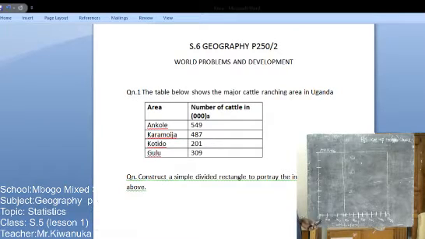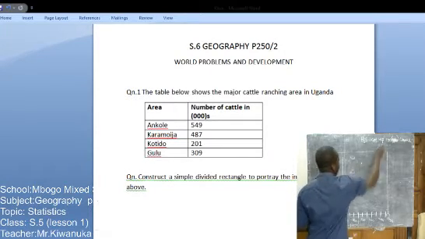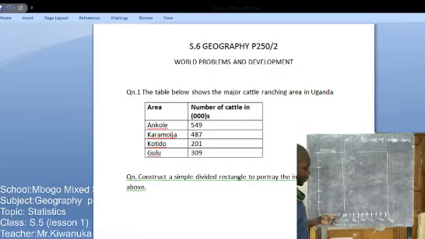If you want to use the calculator method, you do like this. What we want to represent is 549. We divide that 549 by our scale, which is 100. Then we are getting 5.4 centimeters.